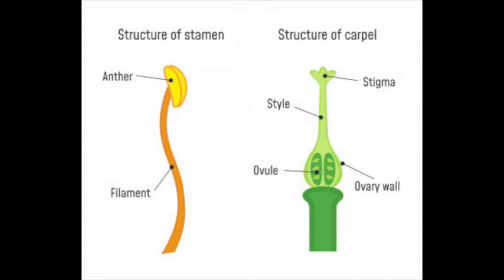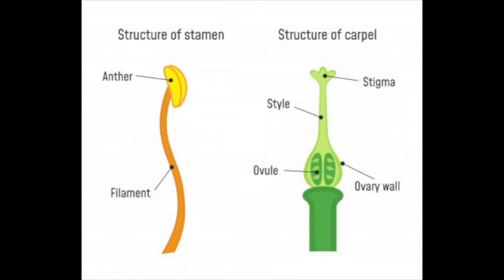And the pollen has to get from the anther over to the carpel, which is on the right hand side. The carpel is made up of quite a few bits. Can you see the stigma, which is at the top? And that is like the open end of a tube.